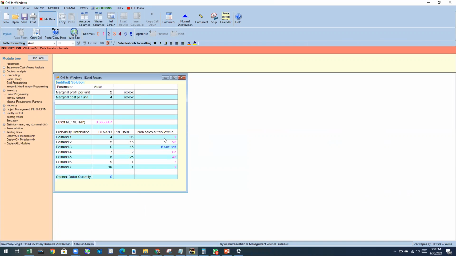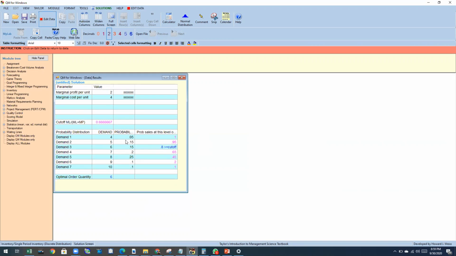If we order 4 cartons, the probability of selling that is 100%. When we order 5 cartons, the probability of selling all 5 cartons is 95%. When we order 6 cartons, the probability of selling all 6 cartons is 80%.